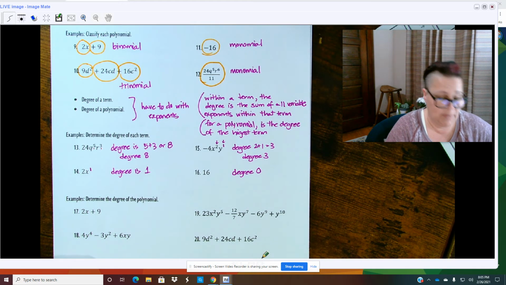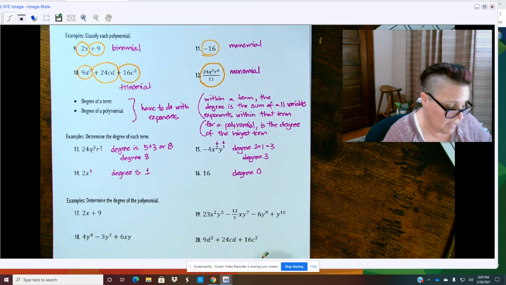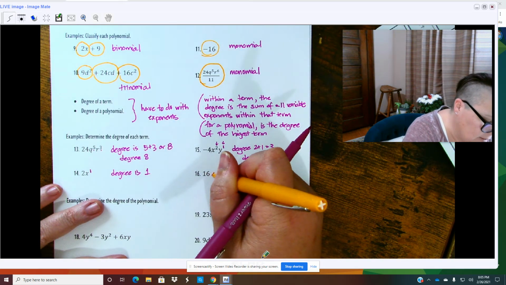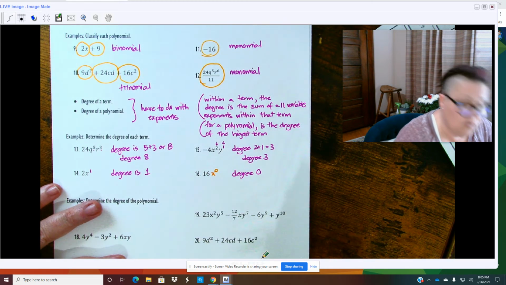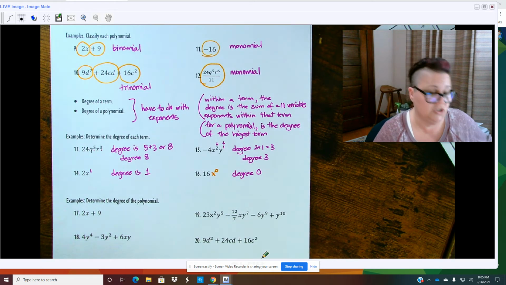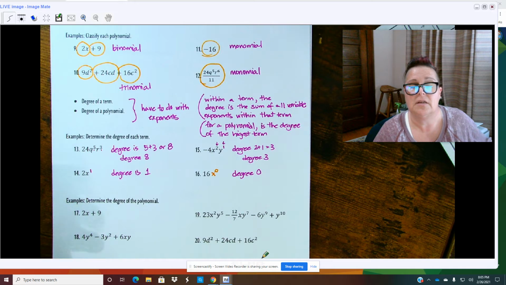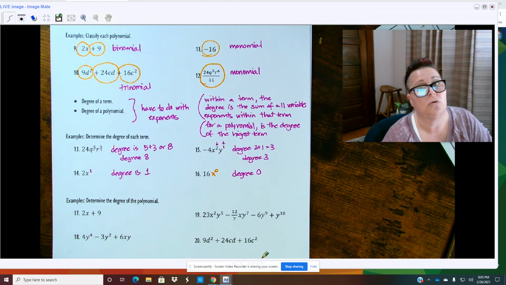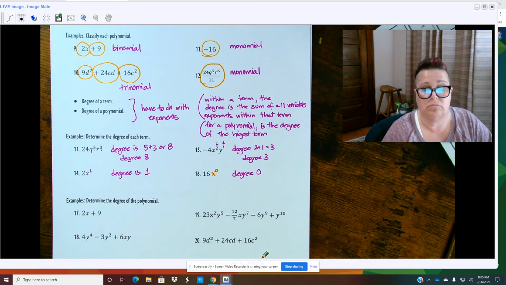And let's be honest, even if it did, let's say we had an x here, it would have to be x to the 0 anyway, right? Because x to the 0 is 1, and that wouldn't change the value of 16. So if you just have a constant, a number all alone with no variable on it, that is degree 0. Okay?